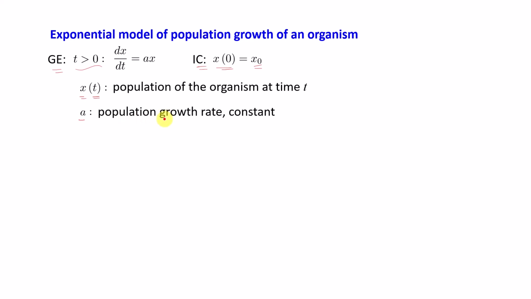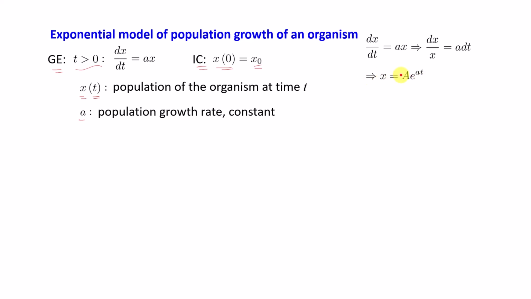This model is, however, very simple, and we can solve it very easily. It doesn't require any numerical method or any elegant analytical method as well. I can simply write dx/dt equals ax as dx/x equals a dt, and then I can integrate both sides to have x equals capital A, which is a constant, multiplied by e to the power at.